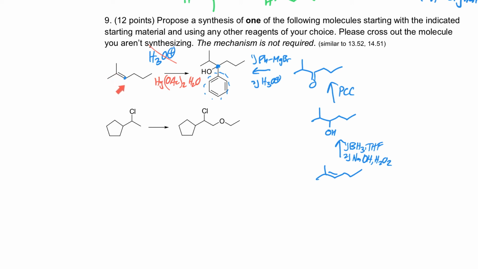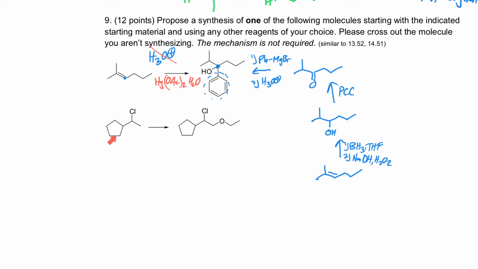The only way to put a functional group here is with hydroboration oxidation or HBr and peroxides. You could put a Br here and eventually turn that into a ketone. That would be a few more steps than I showed you with my 3-step sequence, but you could do it. There's only 2 ways to put a functional group on this position. So you should know those two ways because they're very useful.